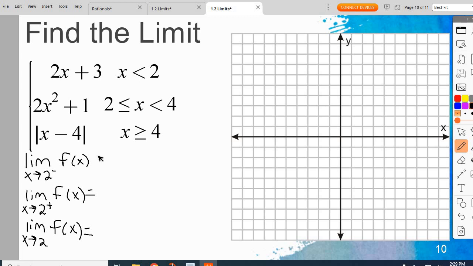And we also want to find the limit as x approaches 4 from the left and the right, and our overall limit. But what do we need to do first? Graph it.